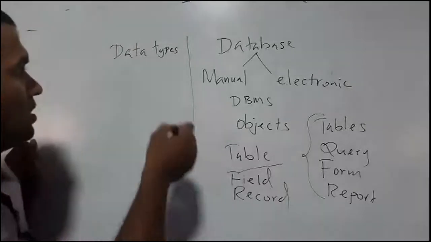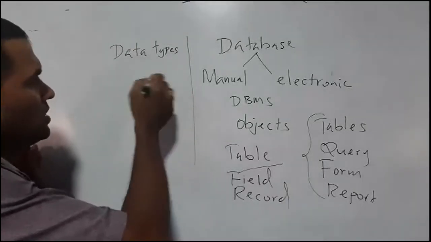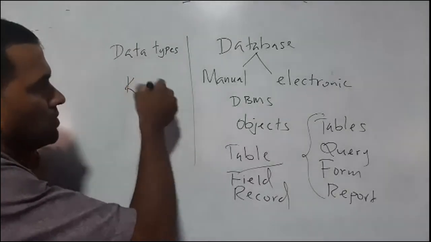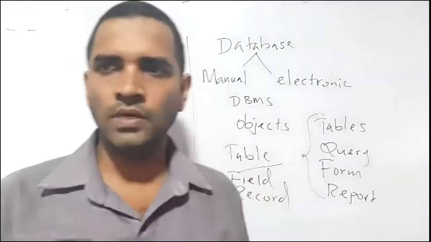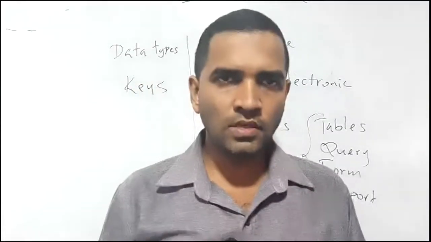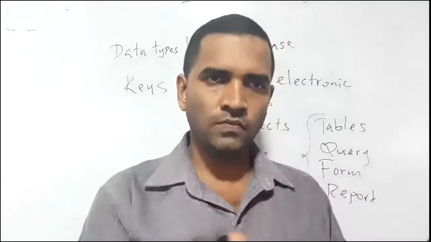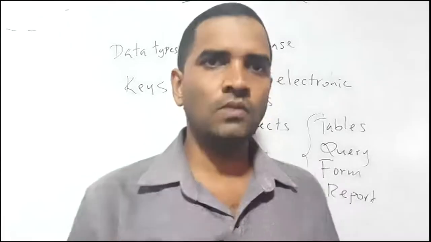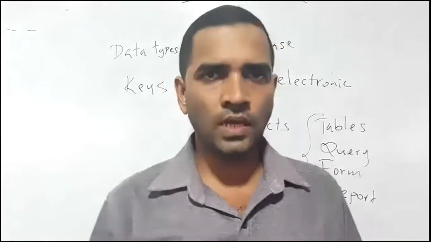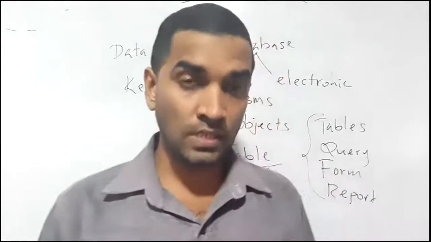Then after that, we discussed keys in a database. I told you the keys are nothing but fields, but not all the fields are called keys. Some of the important fields with some sort of different characteristics are called keys.